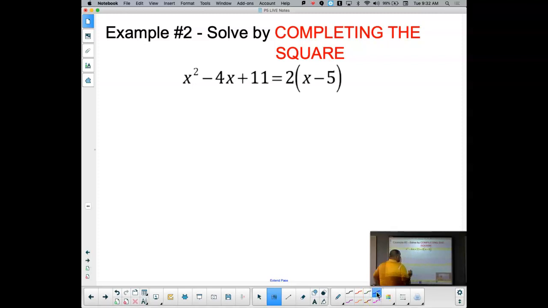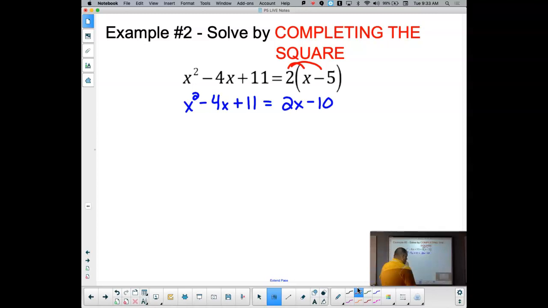So I would first make this one be x squared minus 4x plus 11 equals 2x minus 10. Okay, so I'm first going to distribute this 2 into there. Okay.